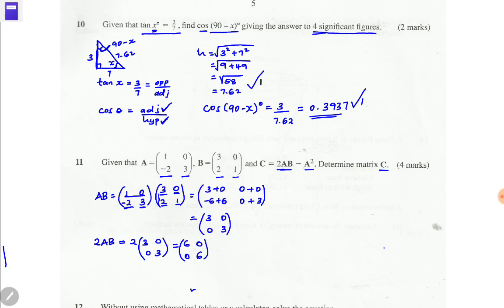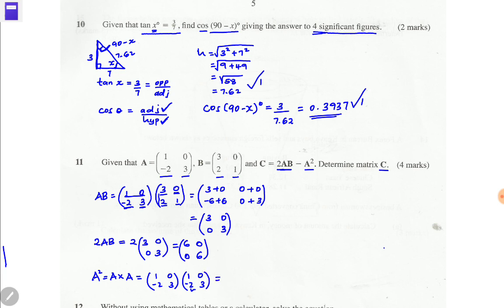Then we can determine the value of A squared. A squared is equal to A times A. So this will be equal to matrix A is 1, negative 2, 0, 3. Then we multiply by 1, negative 2, 0, 3.